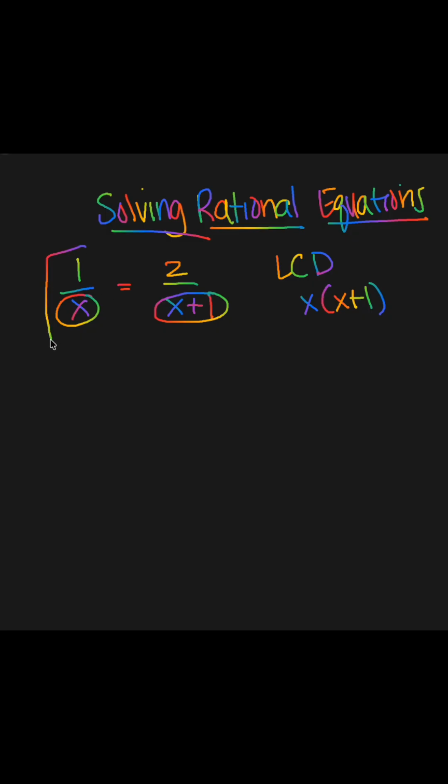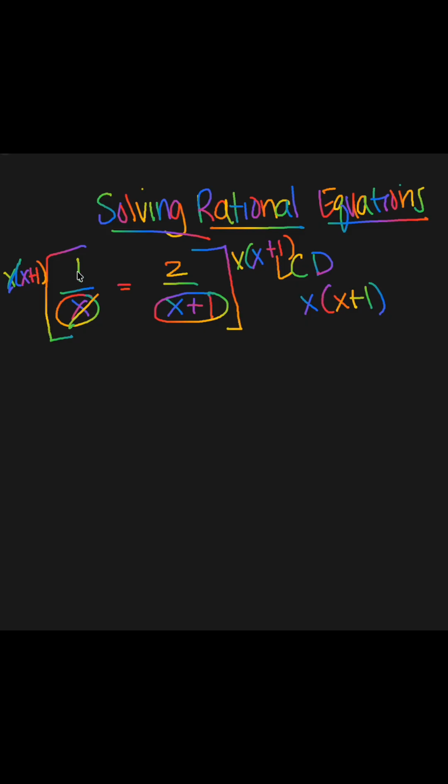So we're going to multiply each term by the least common denominator, x times x plus 1. Over here, x times x plus 1 times 1 over x: what's in the denominator and what's in the numerator will simplify to 1.